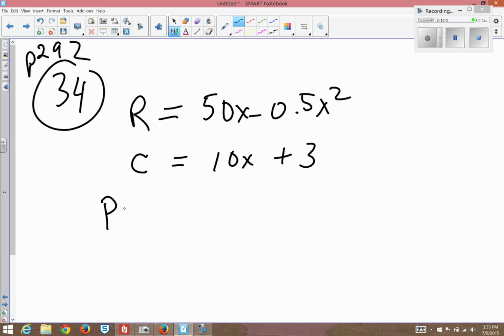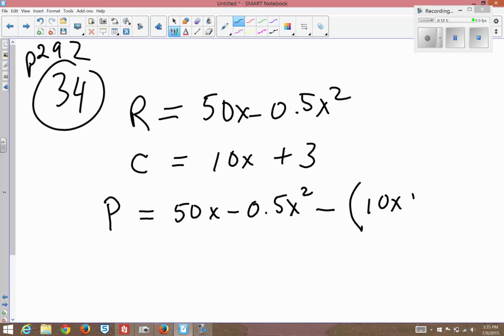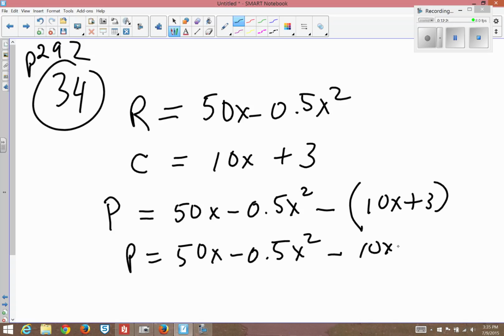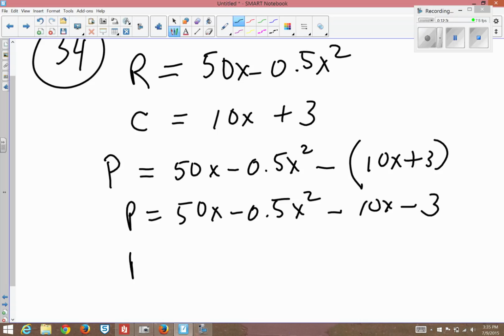We remember that profit equals revenue minus cost. So profit equals 50x minus 0.5x squared minus 10x minus 3, which is negative 0.5x squared plus 40x minus 3.